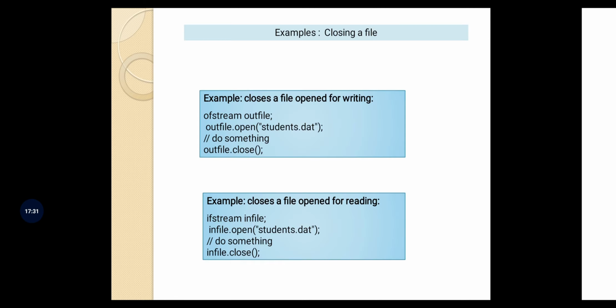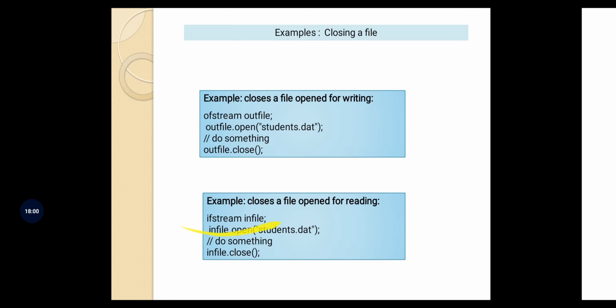And if you look at an example of that, so if you have opened a file for writing, that means I have used an ofstream class here, and using the ofstream object I'm opening the file, and the default mode is writing, so I don't need to specify the second argument here. And then what I need to do is take this object, that is outfile here, and invoke the close member function. So outfile.close will close this file.